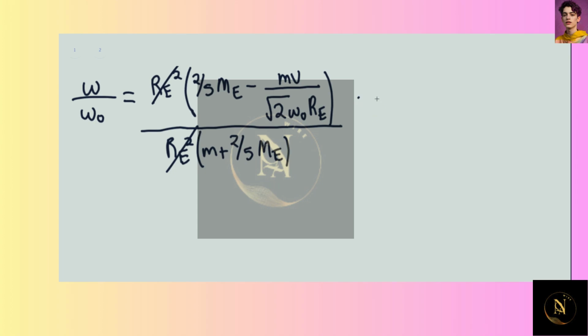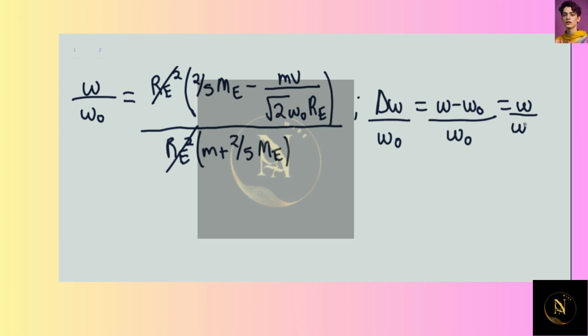And so we can then say that the change in the angular velocity divided by the initial angular velocity would be equaling the final angular velocity minus the initial angular velocity over the initial angular velocity, and this would equal the final angular velocity divided by the initial angular velocity minus 1.